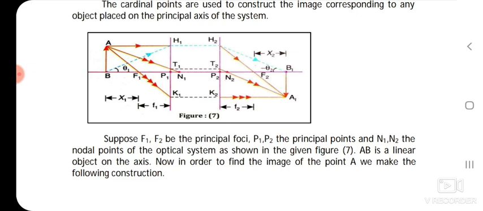We have to compare those equations because the left hand side of those equations are the same. It means what? Obviously the right hand side will be the same. If we compare, we get F1 divided by X1 is equal to X2 divided by F2. If we rearrange this equation, we get X1X2 is equal to F1F2. Okay. Any doubt in this?